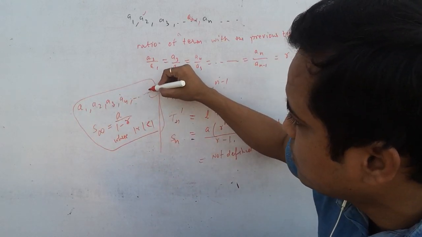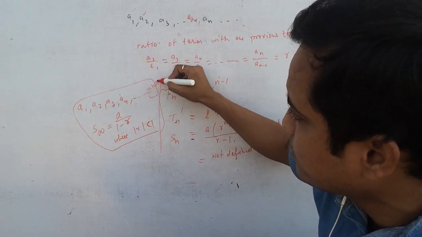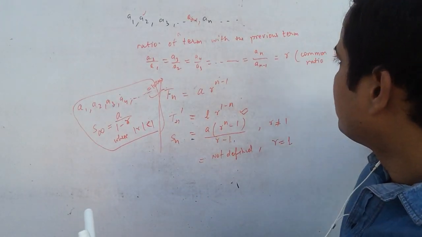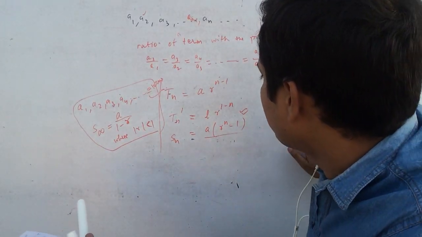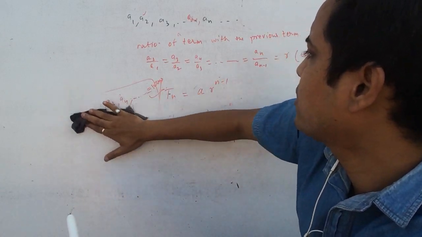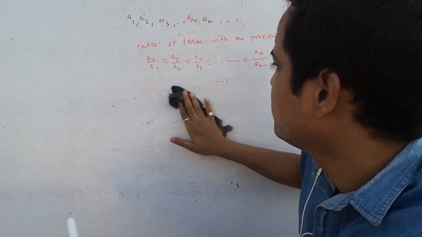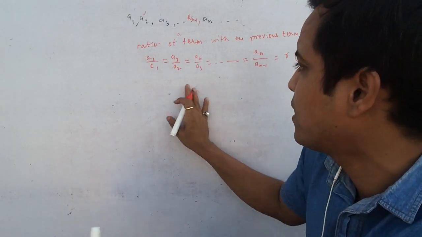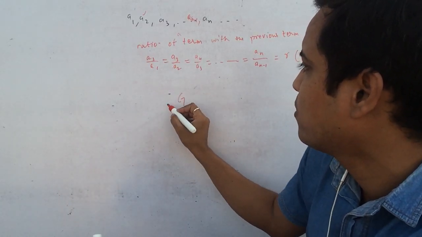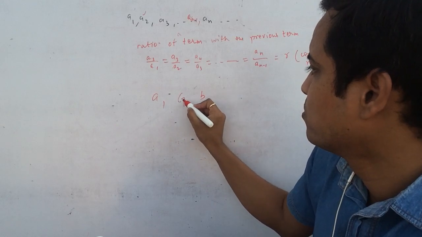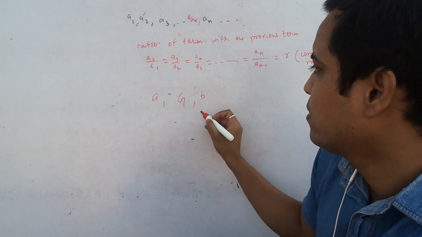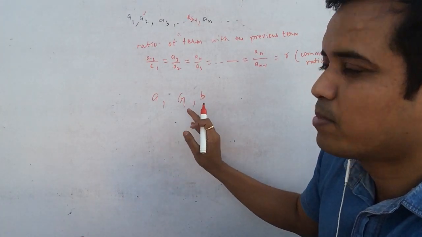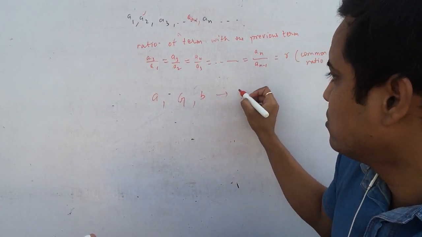So here there are infinite terms. Keep all these things in mind. Now we are moving to the geometric mean. Suppose G is the geometric mean of two numbers. By the same way which I explained in the arithmetic mean, you need to apply the property. This should be in GP.